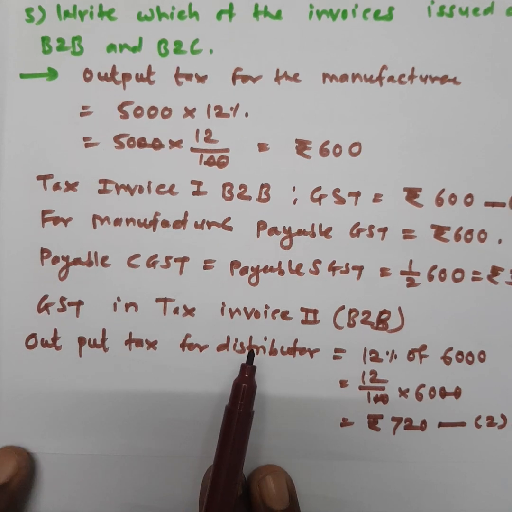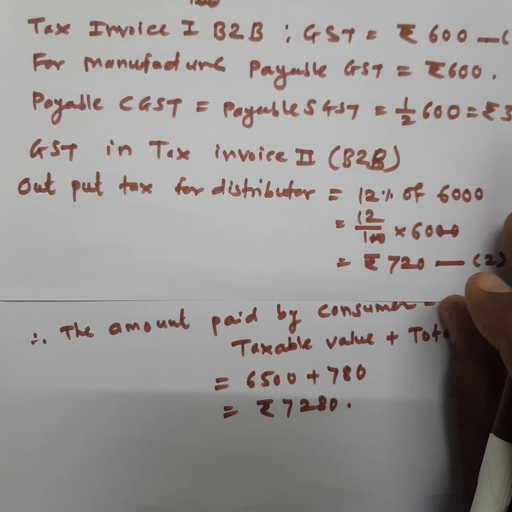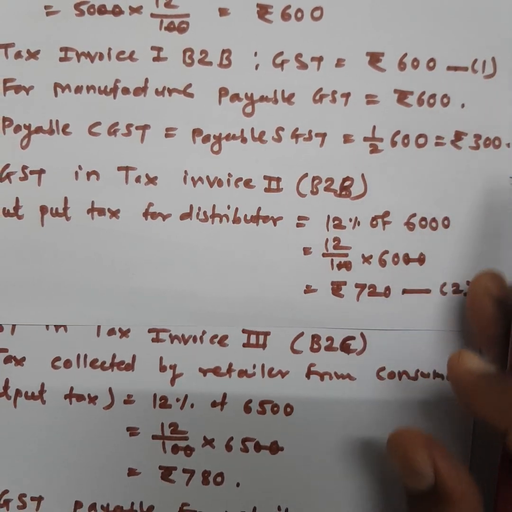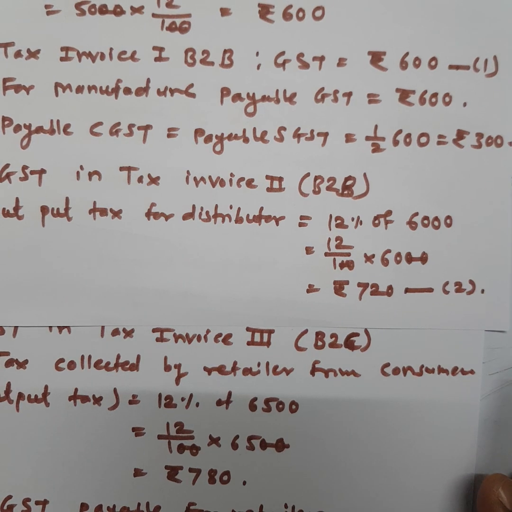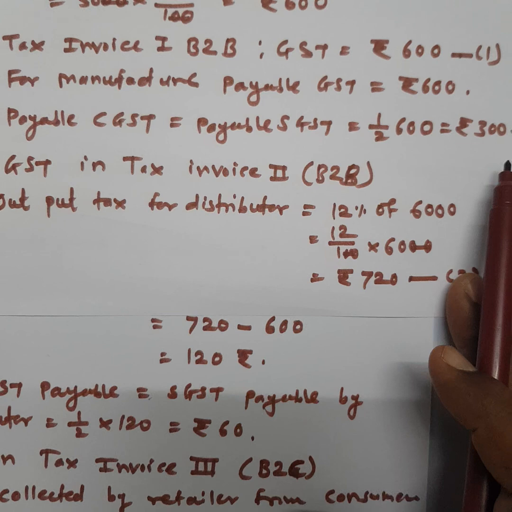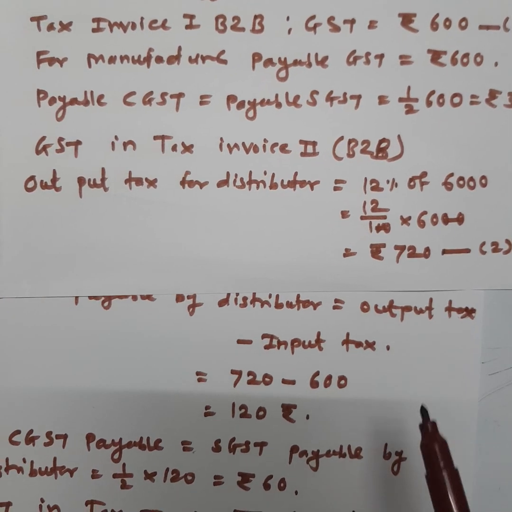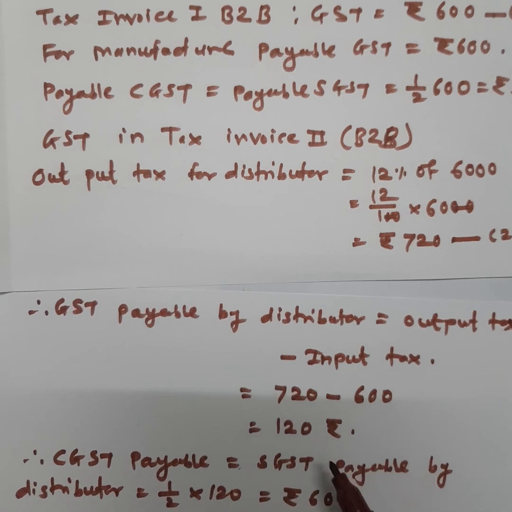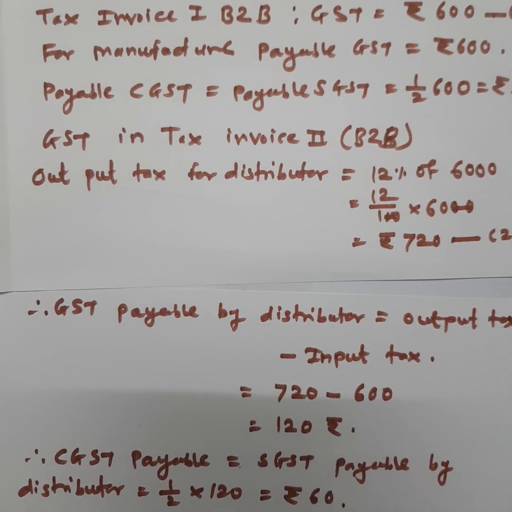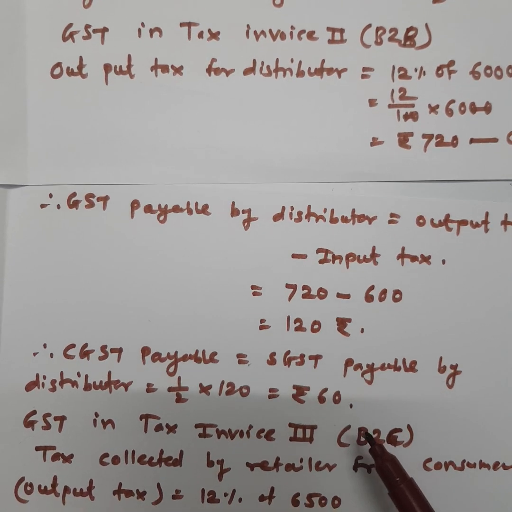Then total GST of invoice 2, that is total GST for distributor is 720 rupees, of which payable GST is 120 rupees, payable CGST and SGST are 60 rupees.